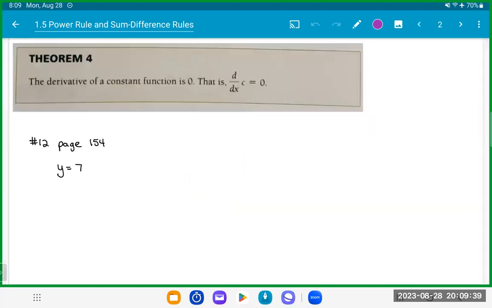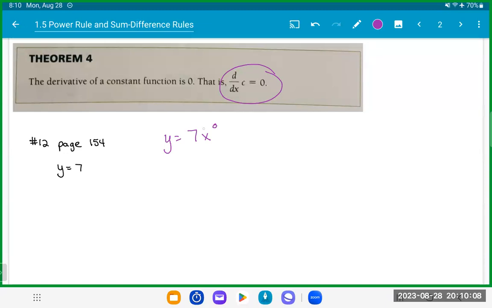All right, so now we have a new theorem, another one. This is the constant rule, okay? So if I want to take the derivative of a constant, the derivative of a constant is always equal to 0, okay? And here's why. Think of it like this. This is really the same as y equals 7x to the 0, right?